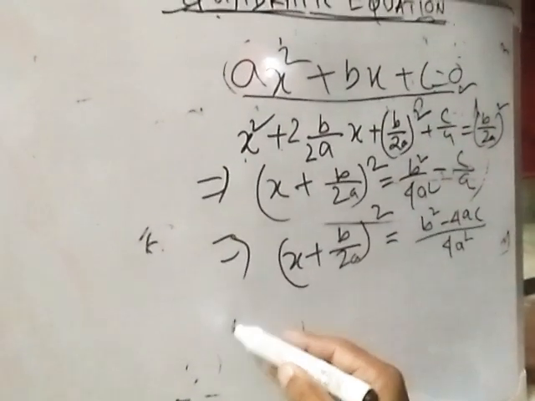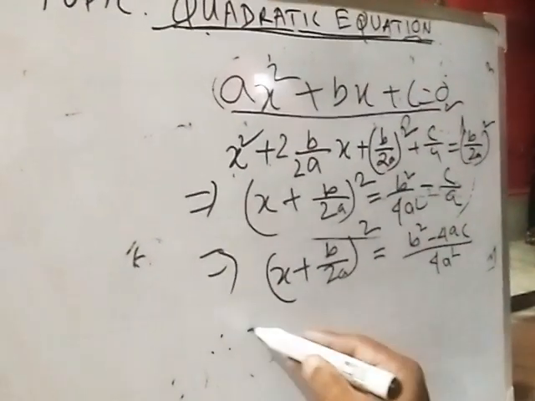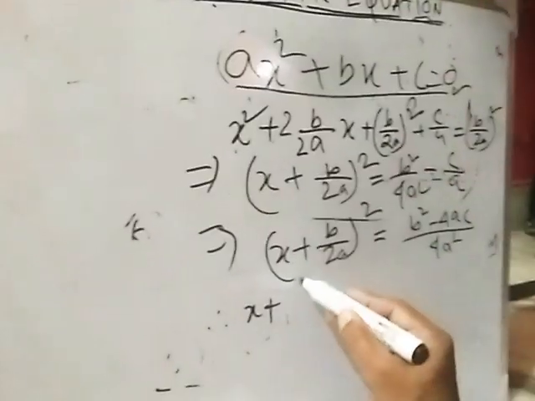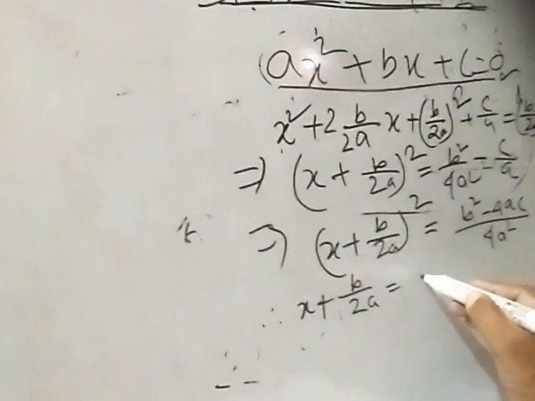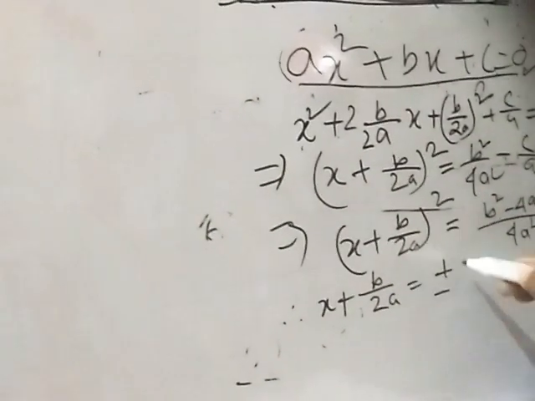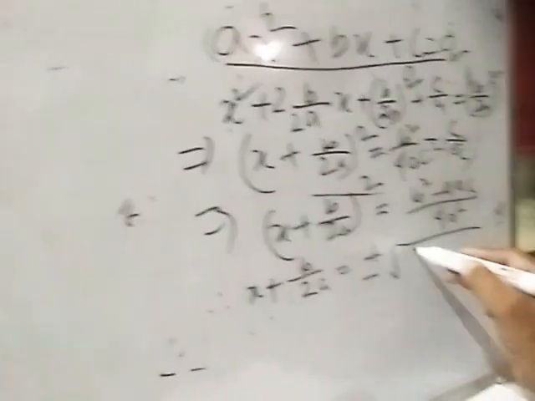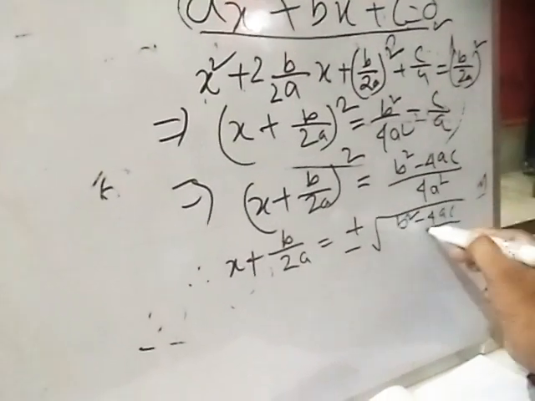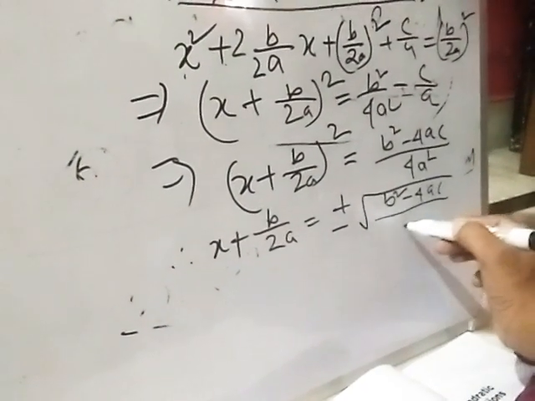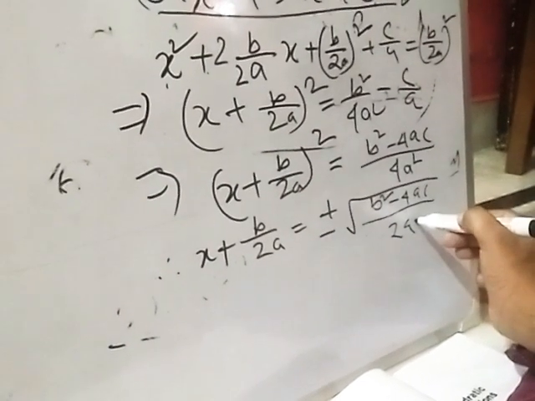Okay, well done. Therefore we can write x plus b by 2a equal to plus minus root of b square minus 4ac by 2a. This is coming after taking the square root.